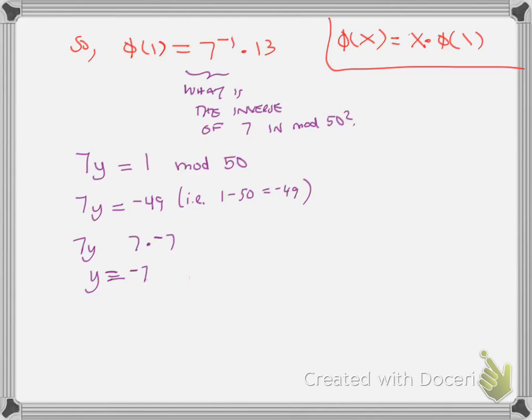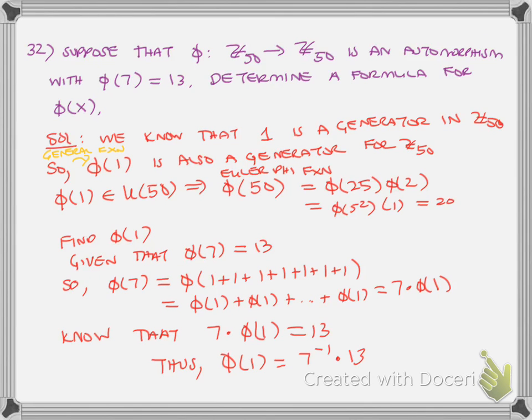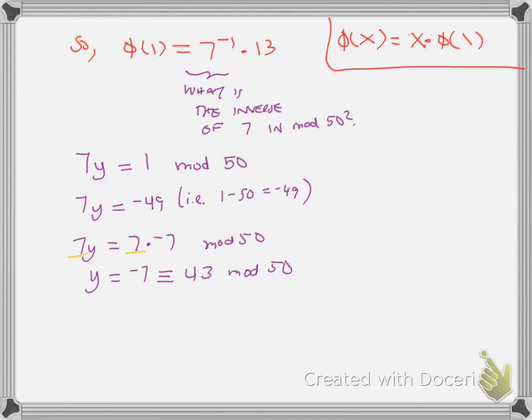Okay, make sure I get that right. Okay, but we are in mod 50. And so y is equal to negative 7. So we did left cancellation here. So y is equal to negative 7, which is congruent to 43 mod 50. So that's the inverse. So now we can go back and look at our problem.